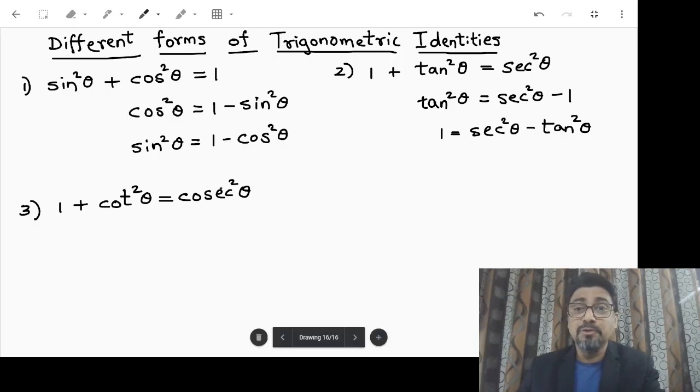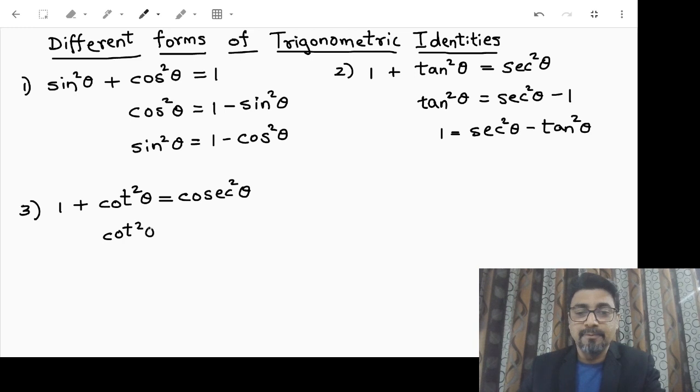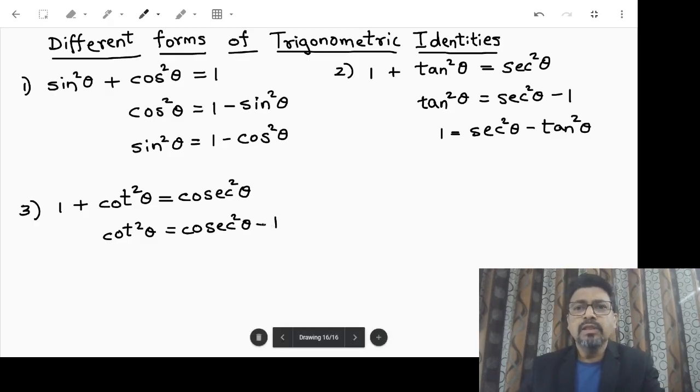Similarly, we can also write the third identity 1 plus cot square theta is equal to cosec square theta in three different ways. Second way will be cot square theta is equal to cosec square theta minus 1. I have shifted 1 on the right side. Now instead of 1, if I shift cot square theta on the right side, what will I get?